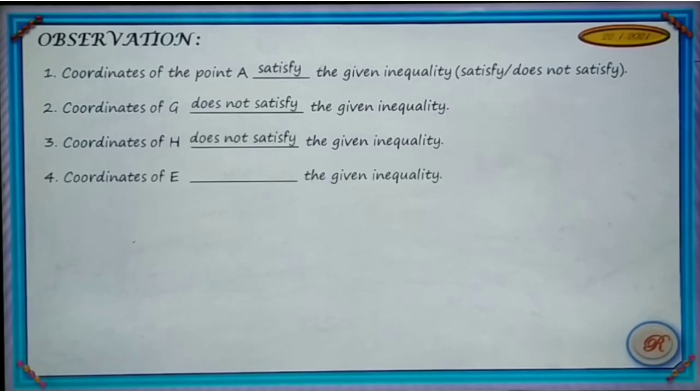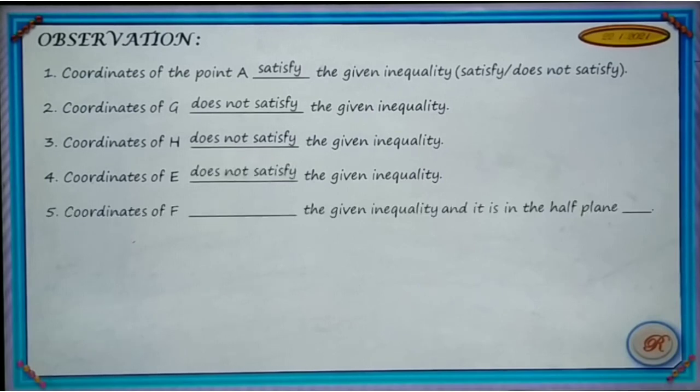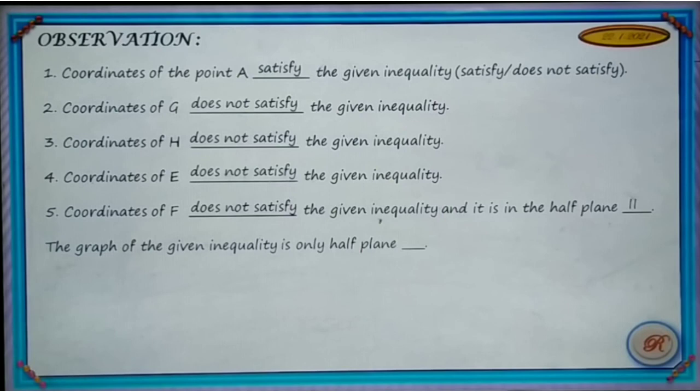Fourth, coordinates of E do not satisfy the given inequality. Fifth, coordinates of F do not satisfy the given inequality and it is in the half plane 2. The graph of the given inequality is only half plane 1, that is, the first half plane.